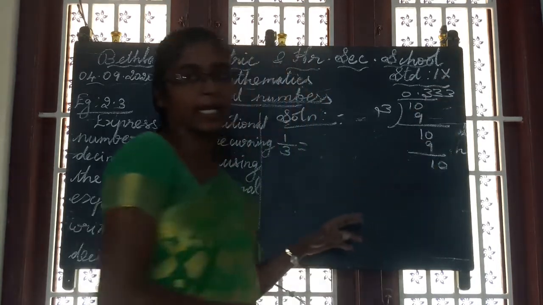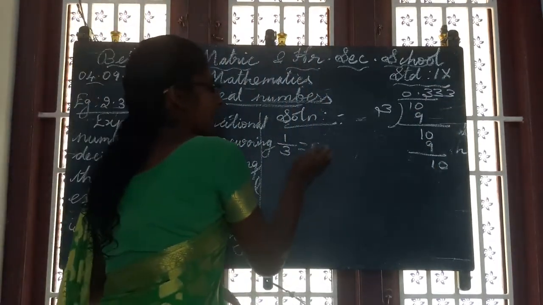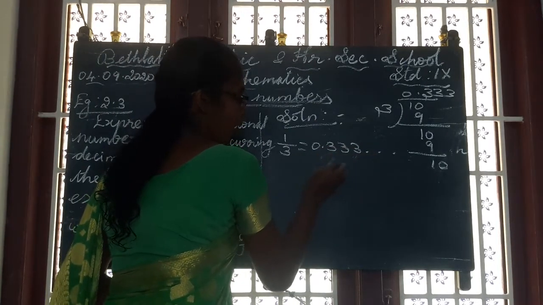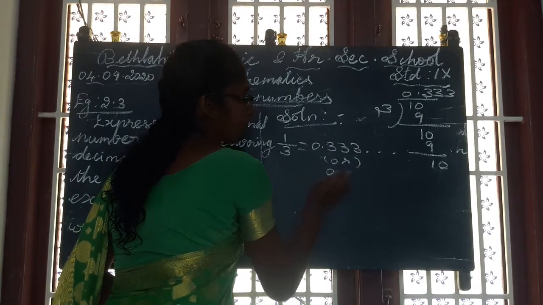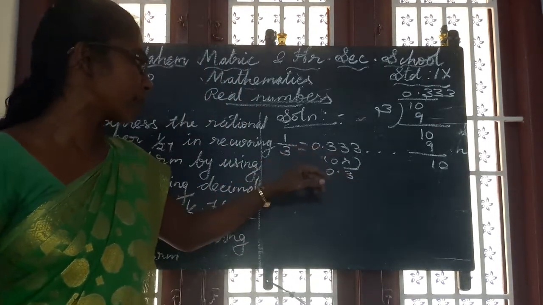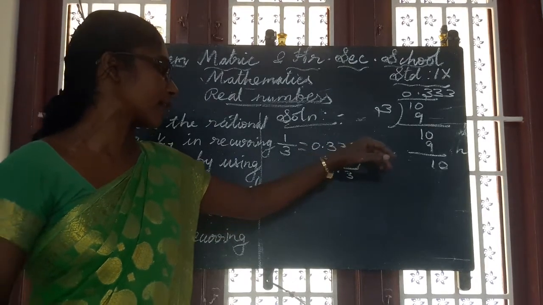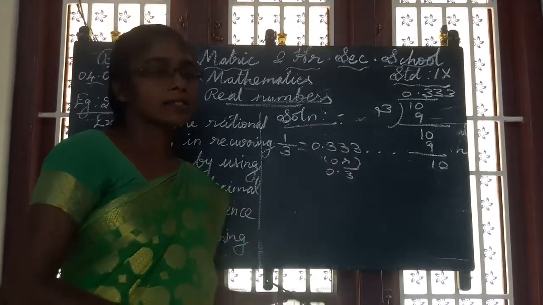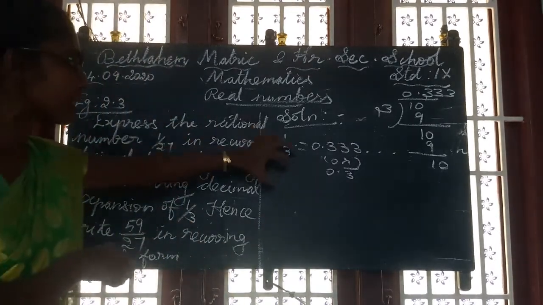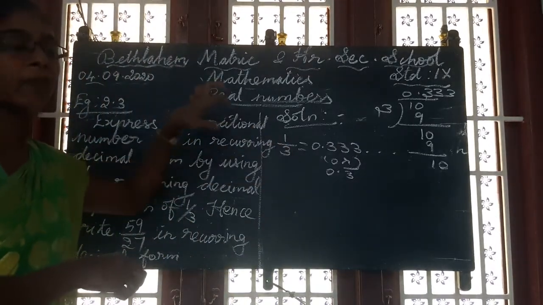So we can write 0.333 etc. or 0.3 bar. 1 by 3 is equal to 0.333 etc. or 0.3 bar.